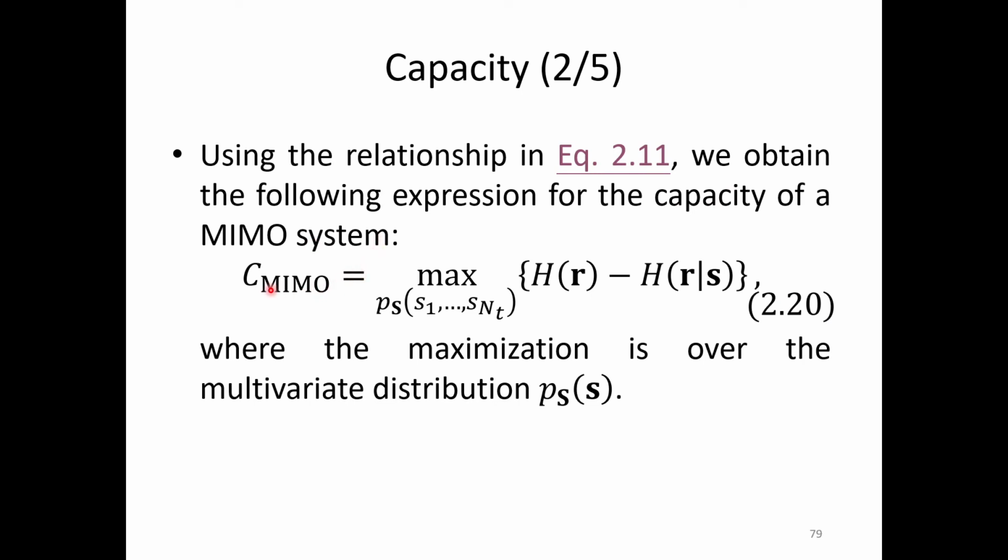C MIMO is equal to the maxima of h of r minus h of r given s, and the term under the max is ps of s1 to snt, where s is the vector s, which contains nt symbols s1 to snt, where the maximization is over the multivariate distribution ps of s.